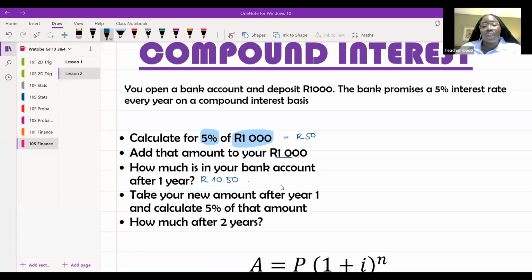Now, in year 2, something different is going to happen. We take the new amount that we have after year 1, which is 1,050, and the question says calculate 5% of that new amount. So what they want is 5% of 1,050. How much is that?